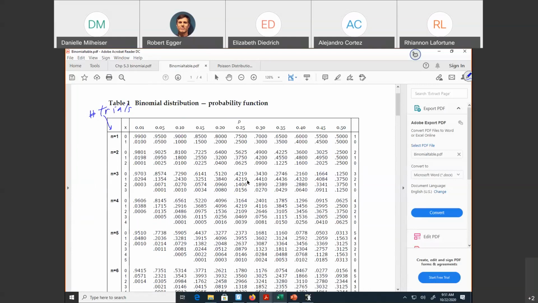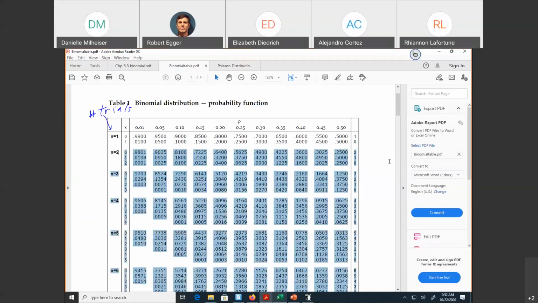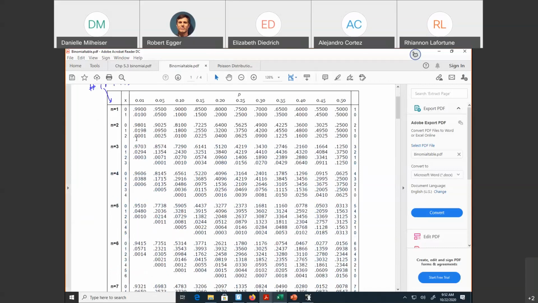For success, n equals 1, n equals 2, n equals 3, n equals 4, and so forth. So let's see, you go from specifically your probability of success of 0.010.